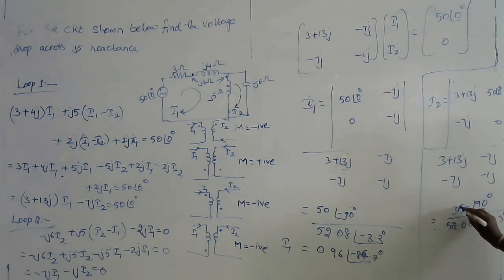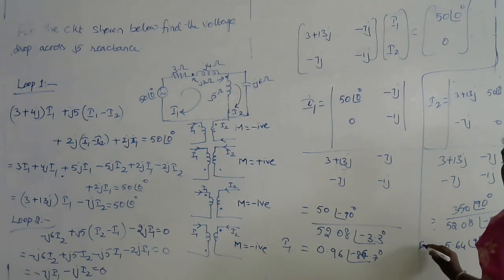So here 350 divided by 52.08, and if you take this towards the positive, getting 93.3. So you will be getting this I2 value as 5.64 angle some 93.3. So this is the value of I2.